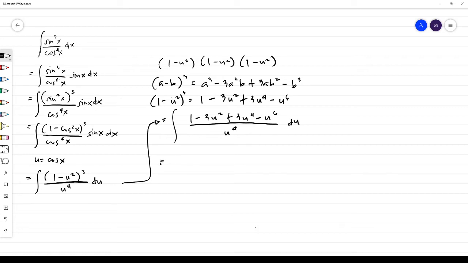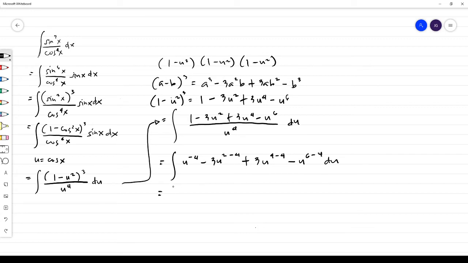From here, we can apply the distribution of our denominator. For the first term, we have u raised to negative 4, which is also equivalent to 1 over u raised to 4. And we have minus 3 u squared, minus 4, plus 3 u raised to 4 minus 4, and u raised to 6 minus 4.